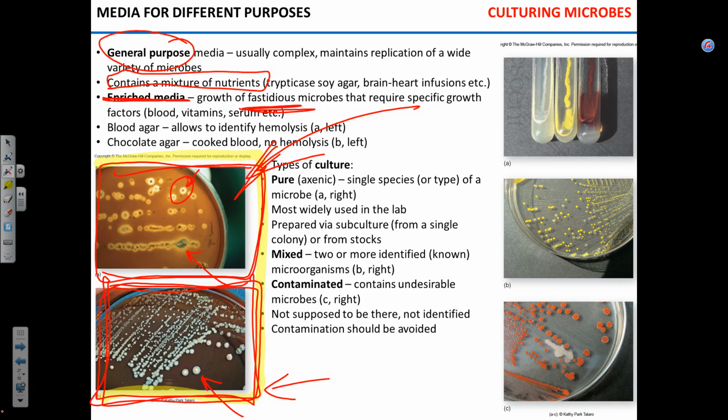What do they have in common? Blood. It's a different form, right? And what is that unique precious component of the blood that bacteria crave so much? Iron, exactly.